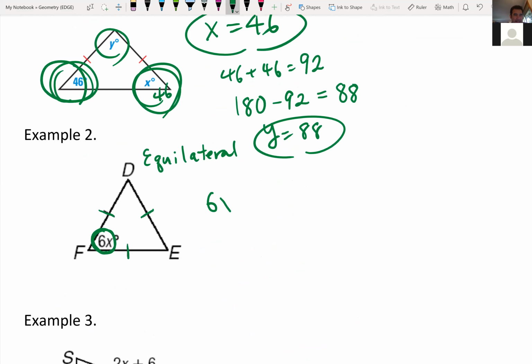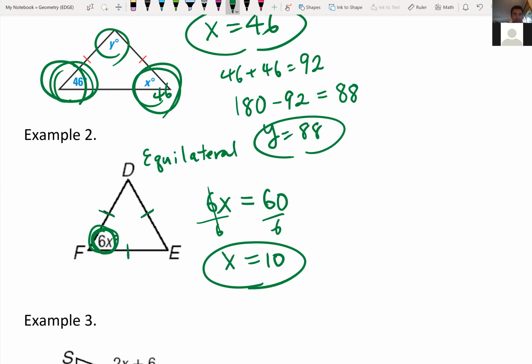This 6x right here has to be equal to 60. Now can you solve for x? Divide by 6. Divide by 6. X equals 60 divided by 6, 10.